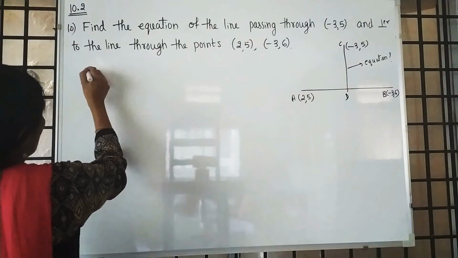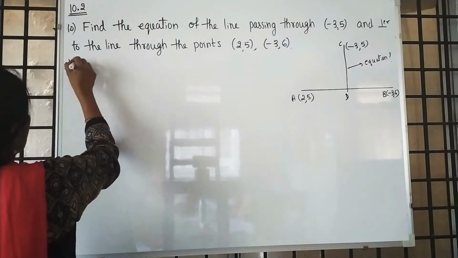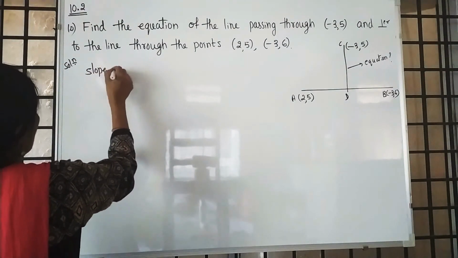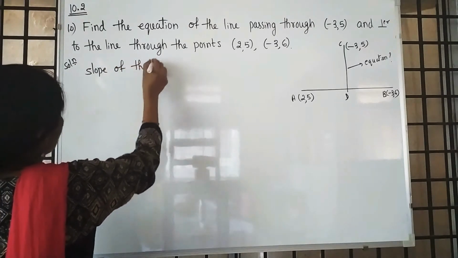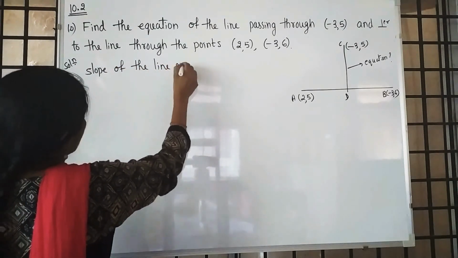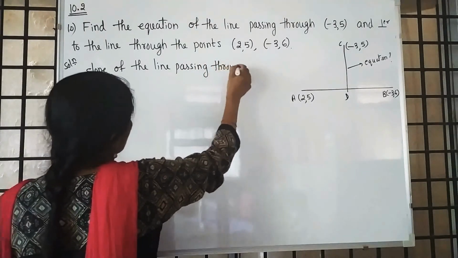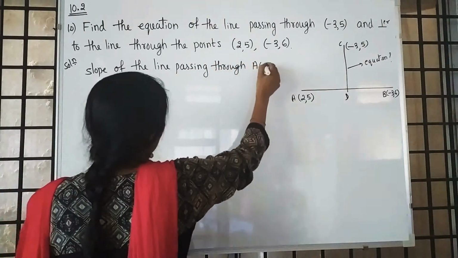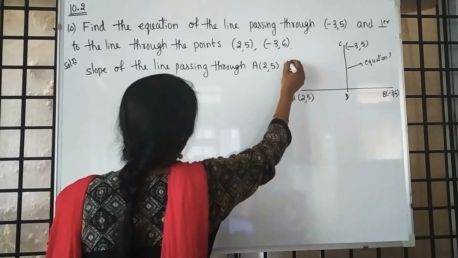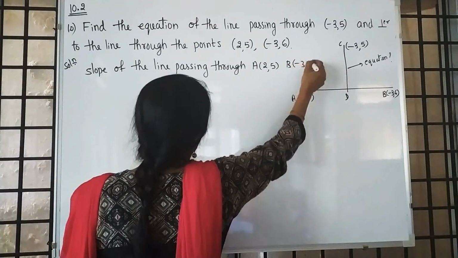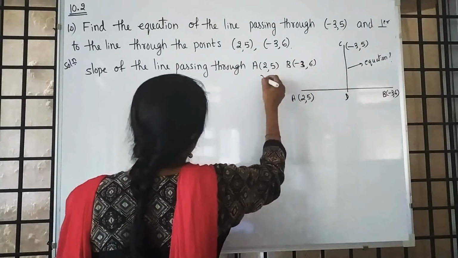First find the slope. Write down the solution. Slope of the line passing through A 2, 5, B minus 3, 6. Have you remembered the formula?